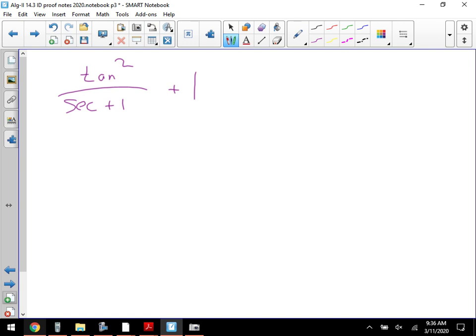There's a bunch of different ways you can go about it, but just think, tangent squared. You see a tangent squared, there's a secant somewhere hiding. Maybe try and write tangent squared in terms of secants. Tangent squared is secant squared minus 1. So if I rewrite that as secant squared minus 1 over secant plus 1.